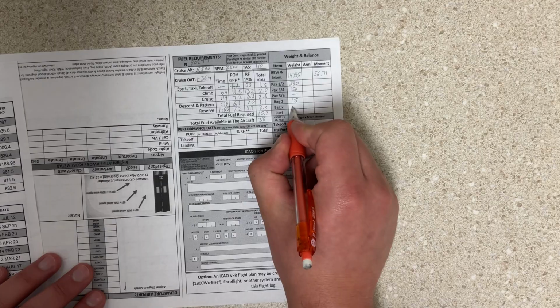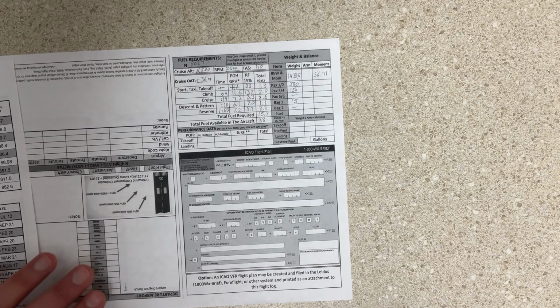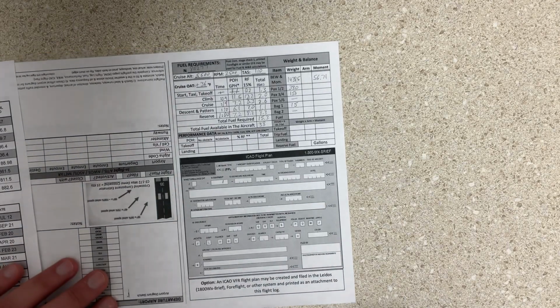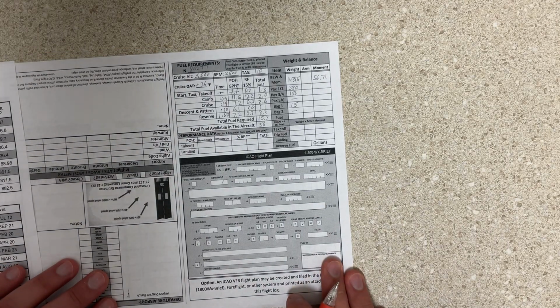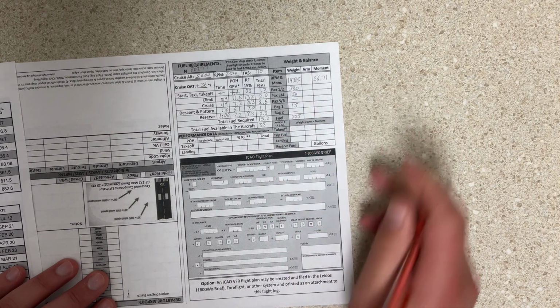We won't use baggage area 2, which is the small elevated hat rack area in the back. And then fuel, we'll be starting with our full 38 gallons, which times 6 pounds per gallon gives us 228 pounds of fuel.